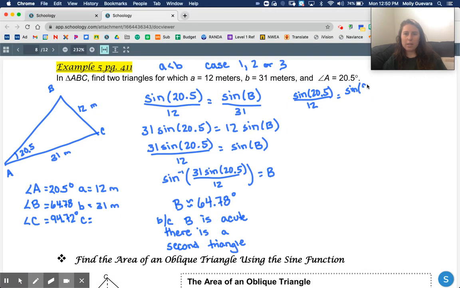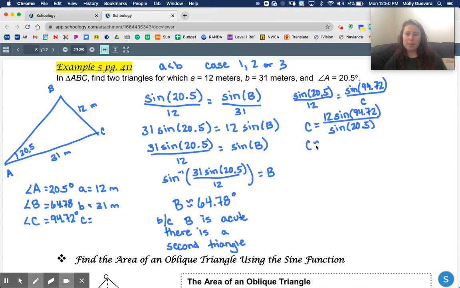Sine of 94.72 over C. And I'm going to do some cross multiplying and simplifying it down a little bit more. So I get C is equal to, when I cross multiply, 12 sine of 94.72 over sine of 20.5.